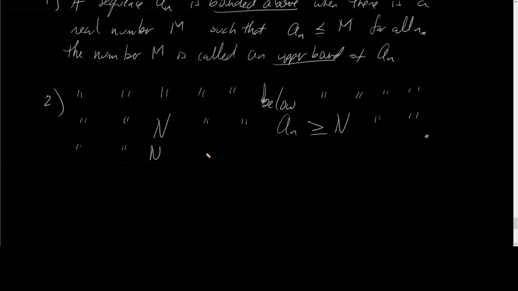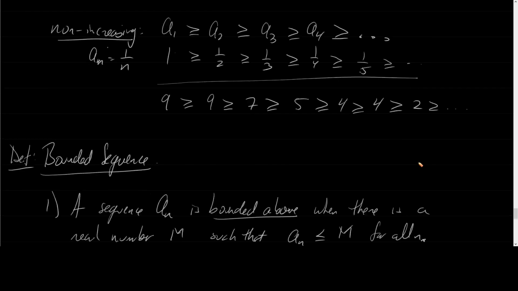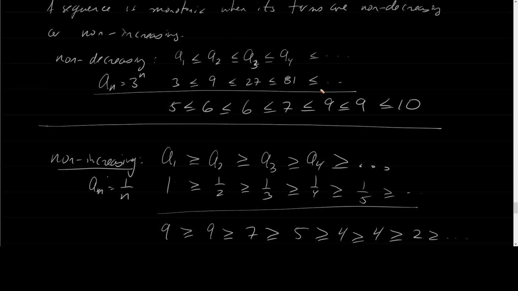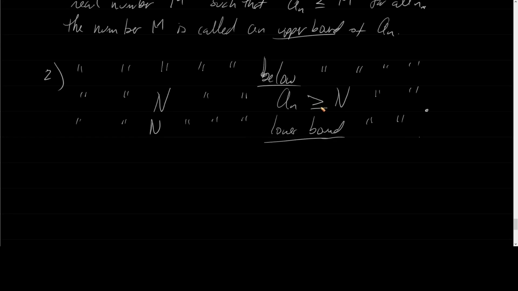The number n is called a lower bound of a sub n. All right. So same exact idea, but now we're bounded below. So for example, over here, this one was bounded below by 3. This one is bounded below by 5. All right? So that's for bounded below.